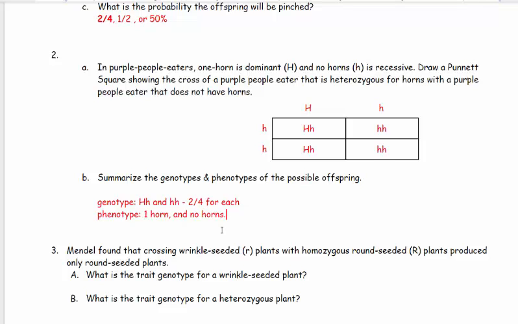And would that also translate to the same phenotypes? One horn also has a 2 out of 4 possibility, and so does no horns. In fact, let's put the word probability back here as well. Okay, good. Hopefully that answers any questions that you may have had on question number 2.